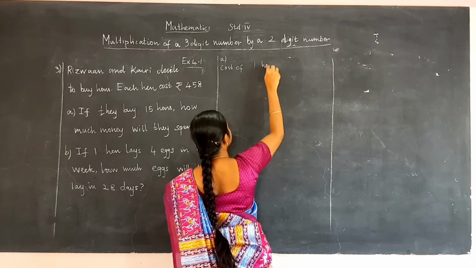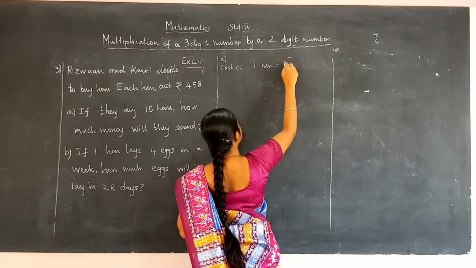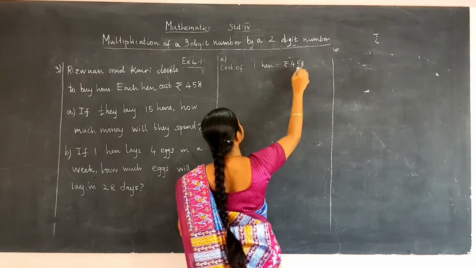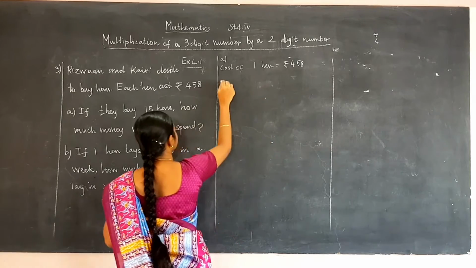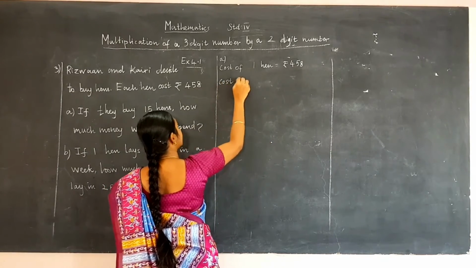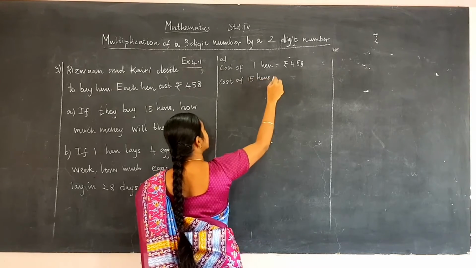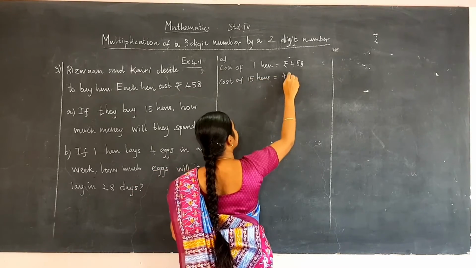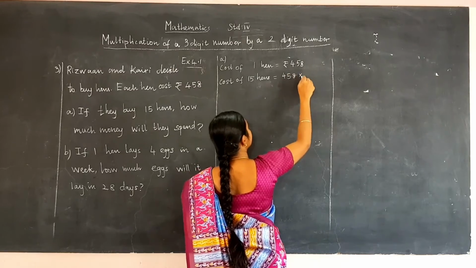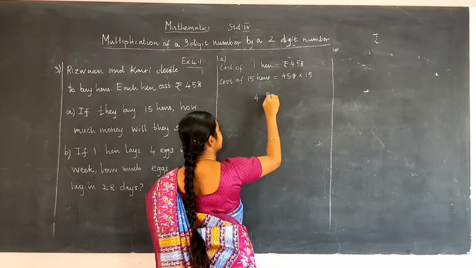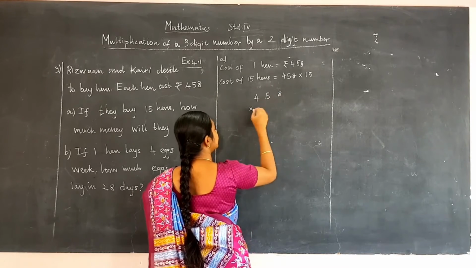Cost of one hen is equal to rupees 458. Then the cost of 15 hens is equal to 458 into 15. So we are going to multiply 458 and 15.